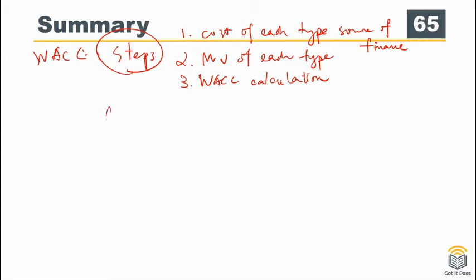Okay, creditors hierarchy, it's about the financial claims for different types of creditors, and it affects the cost of each type of finance as well.